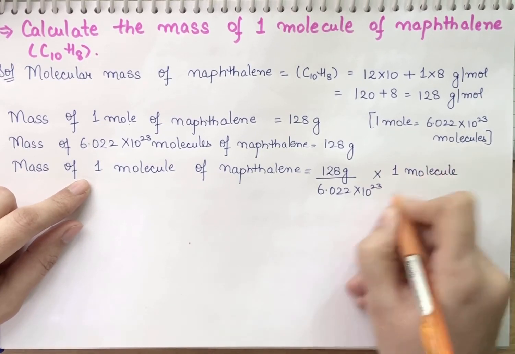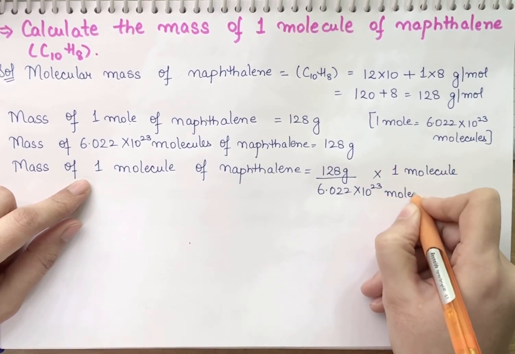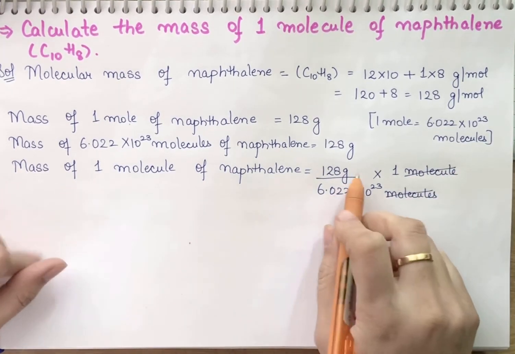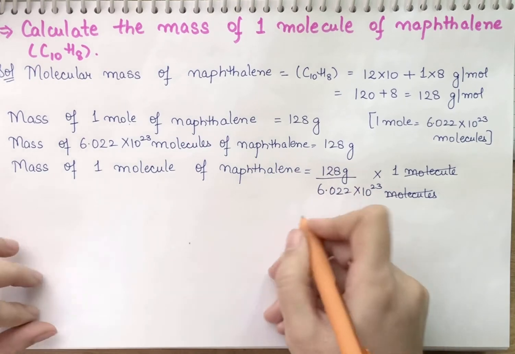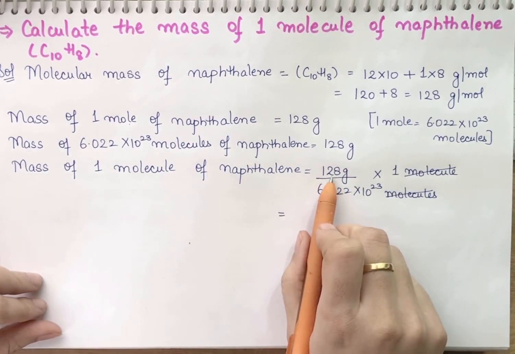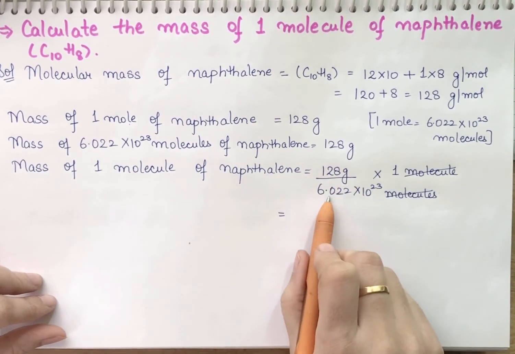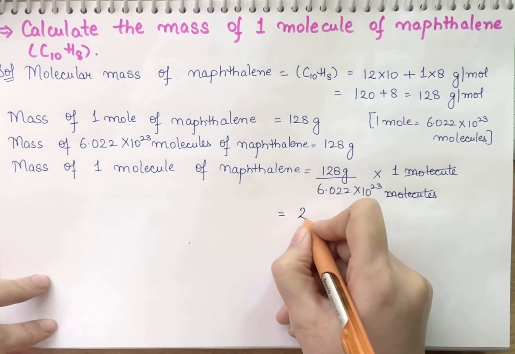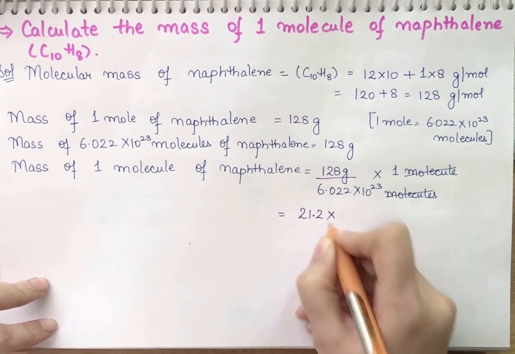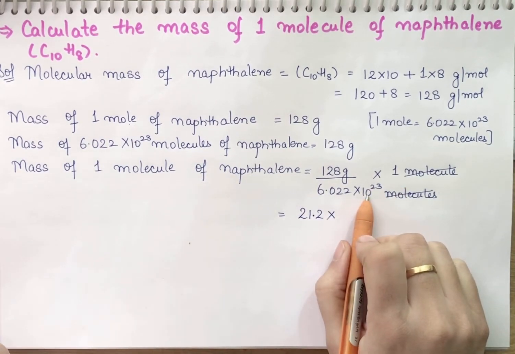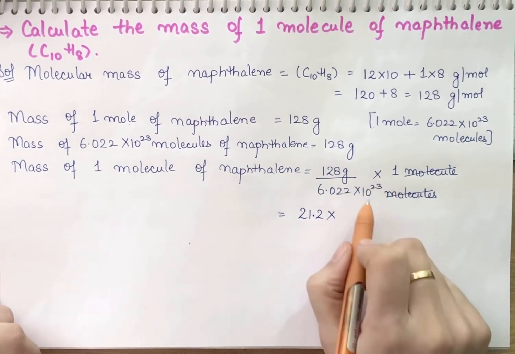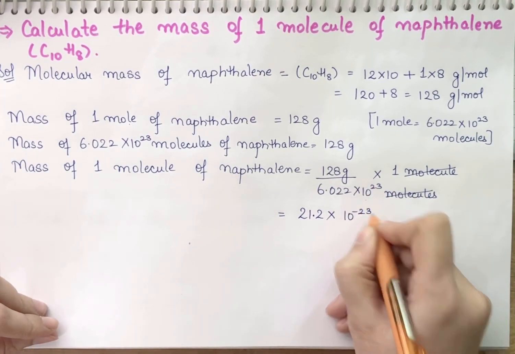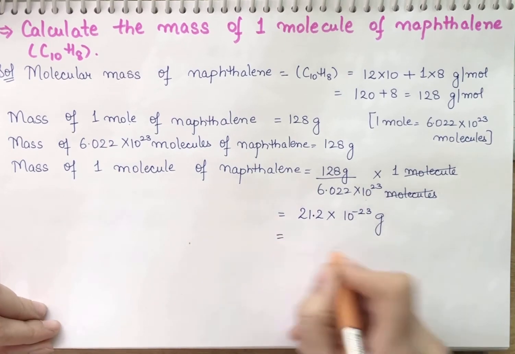Here again I'm having molecules, so I'll simply cancel molecule with this molecule. Now I'll get my answer in gram only. So if I'll divide 128 with 6.022 into 10 raised to power 23, I'll get 21.2. Here I am having 10 raised to power 23 in denominator. Whenever I'll take it in numerator, it will be 10 raised to power minus 23. Rest, you know the calculation, how to proceed.